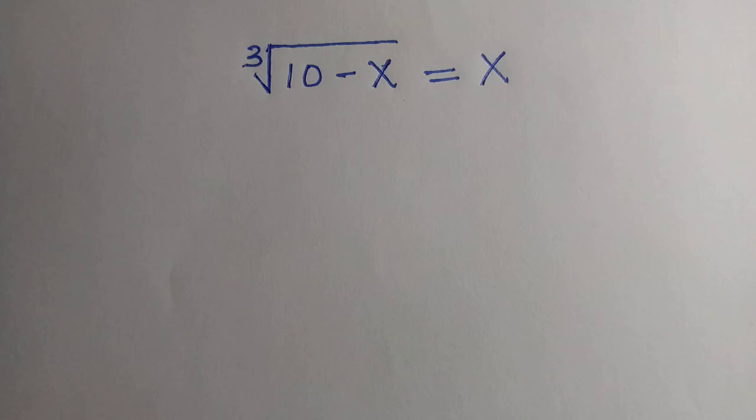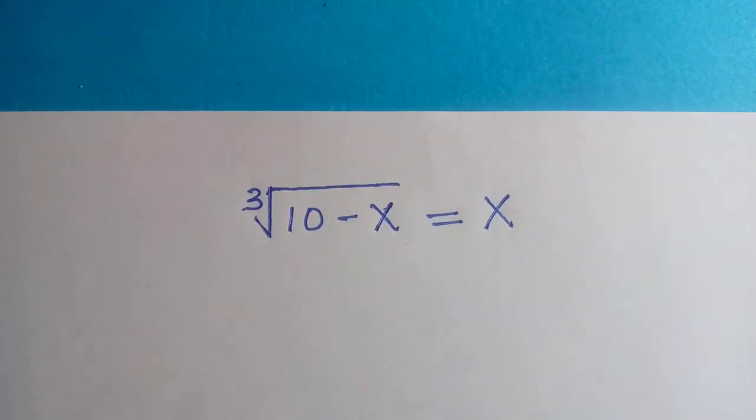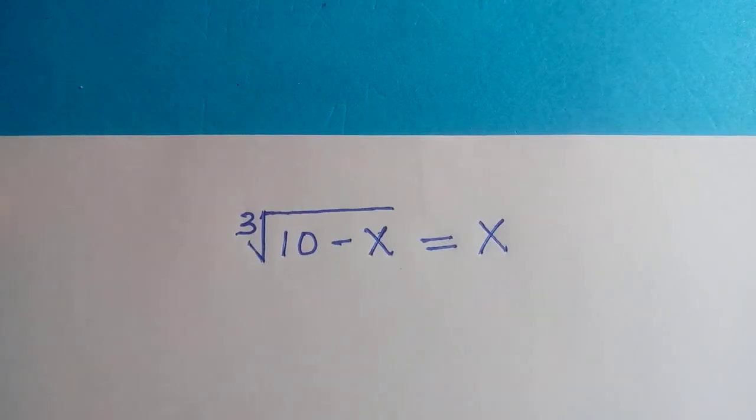Let's see how we can solve these radical cube root algebraic equations. We have cube root of 10 minus x equals x. To solve this, the first step is taking the cube of both sides.